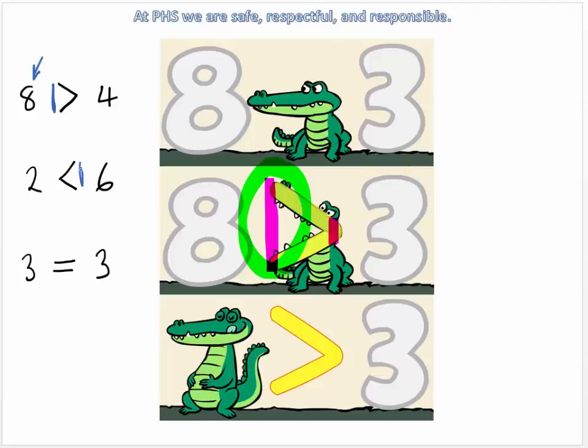The bigger gap is on the bigger number. And these guys, well, it's the same size. Okay, and that's also telling you that these ones are equal. So if you're getting confused about the less than or the greater than side and struggling to remember which way it goes, there's a couple of tips for you. So gators eat what's greater, or you can look at the size of the gap.